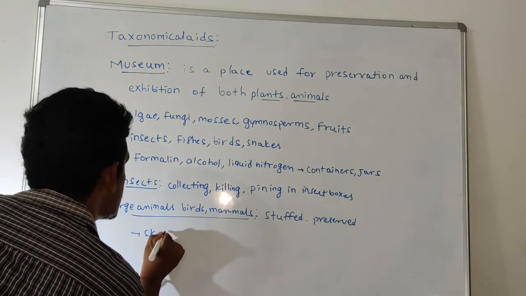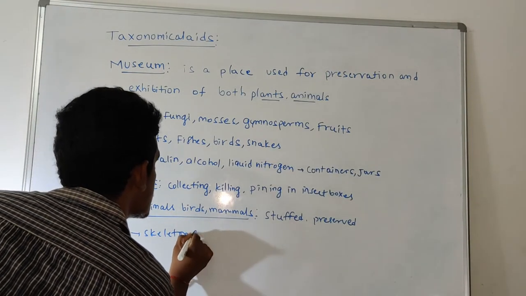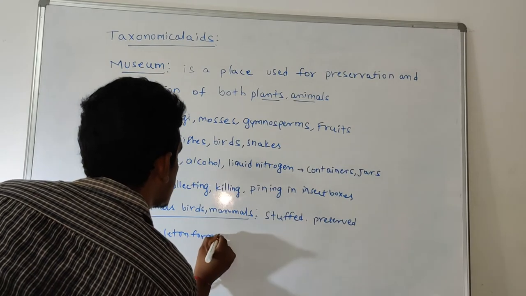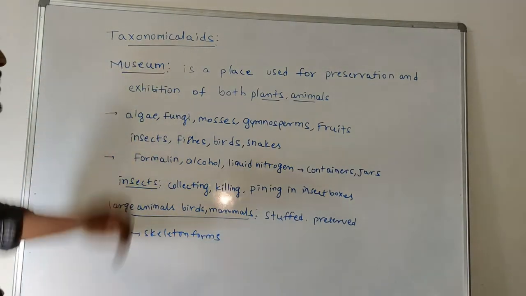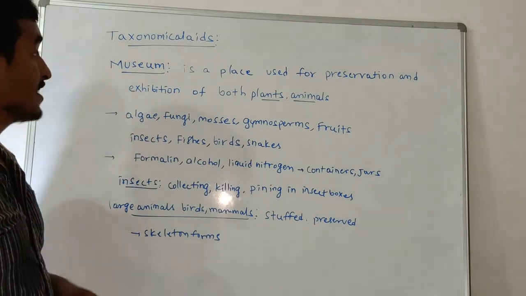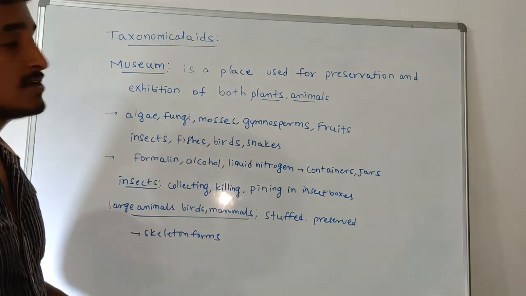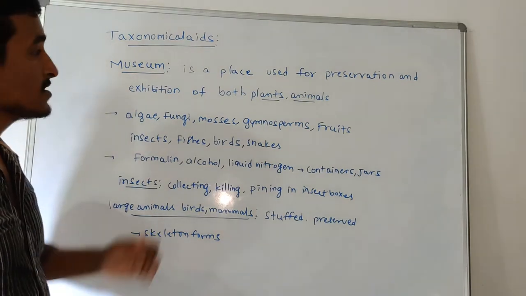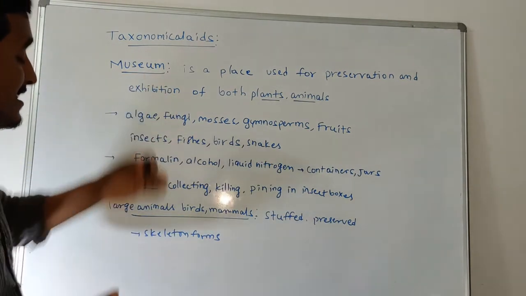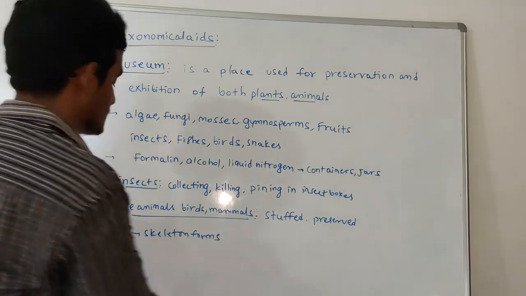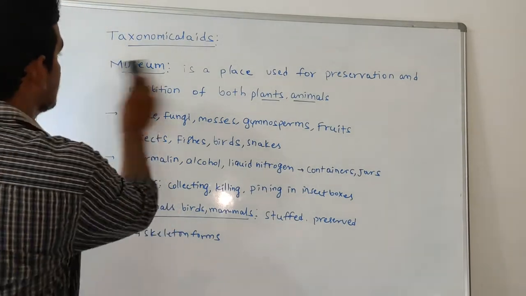So that is about a museum. Generally these are located at universities and colleges. Later we will discuss another taxonomical aid, the zoological park.